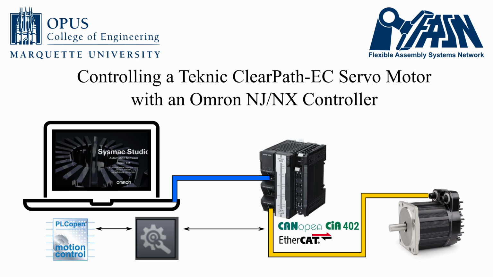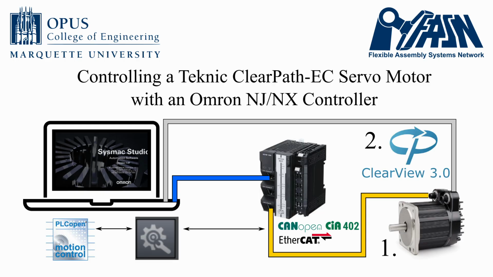There are 5 main steps for building a motion control application using this controller and drive. Step 1 is the physical integration. This is the mechanical and electrical system design and installation. Step 2 is the configuration of the drive parameters. This is done using Teknic's ClearView 3.0 software.